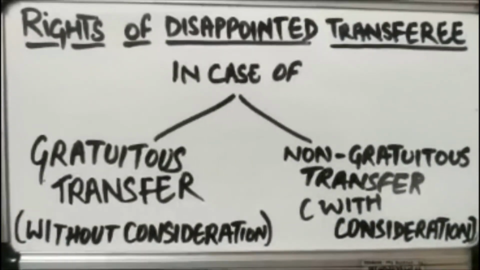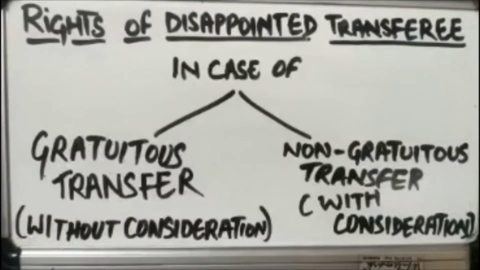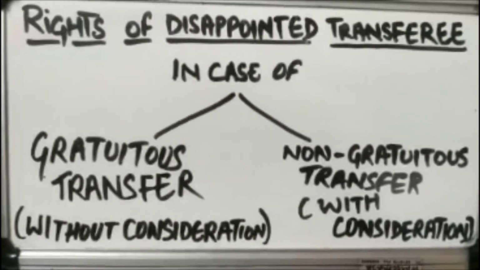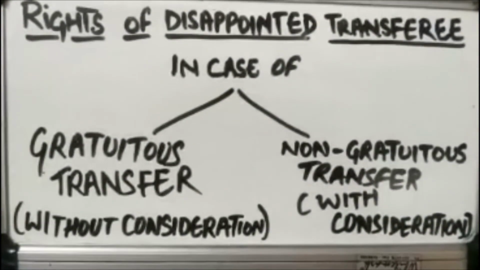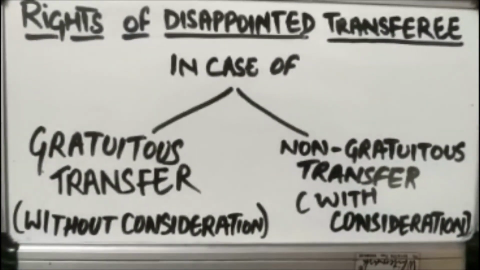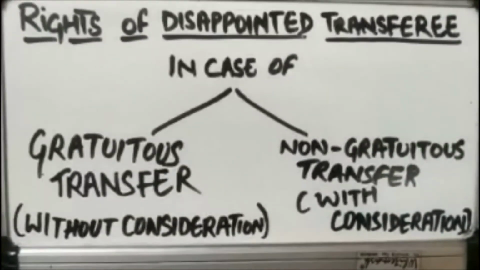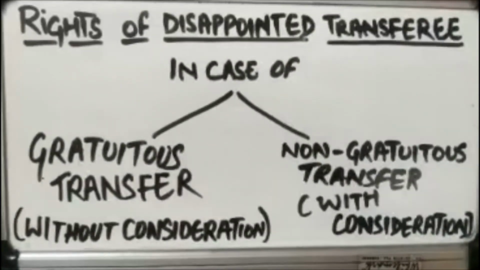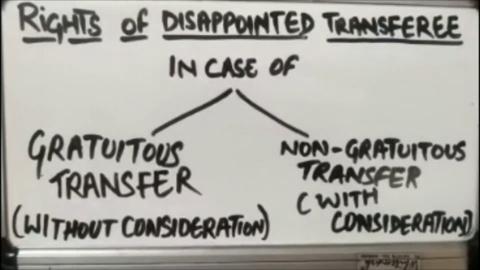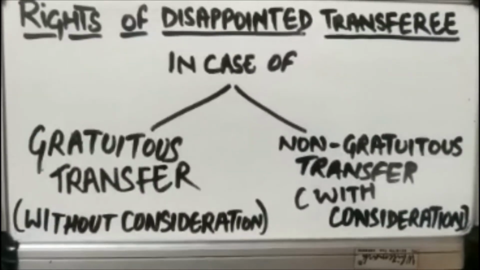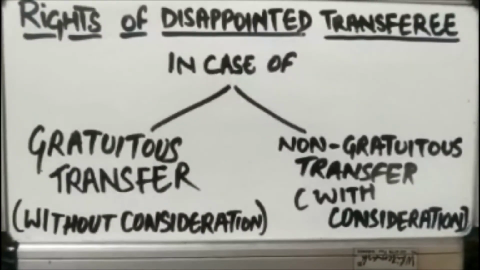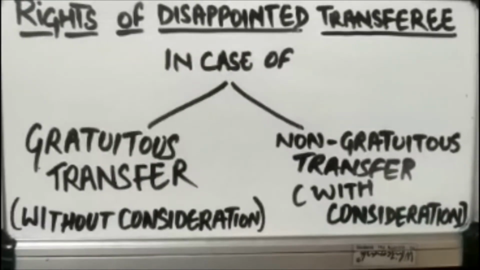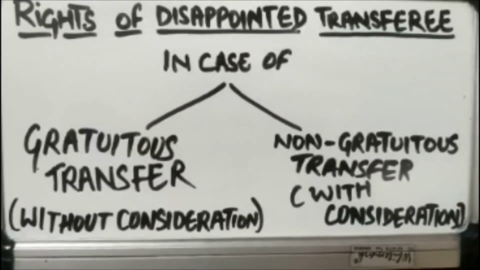If it was without consideration, that is gratuitous transfer, the disappointed transferee gets reasonable compensation when the transferor dies or becomes incapable of making fresh contracts. But in case of non-gratuitous transfer, that is with consideration, the disappointed transferee gets reasonable compensation irrespective of whether the transferor is dead or alive, from the transferor or from his legal representative.